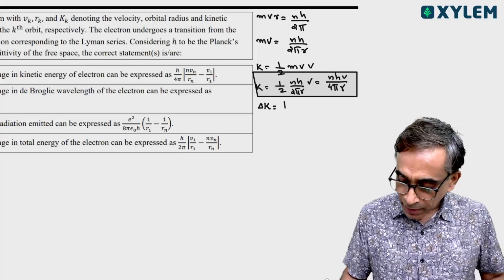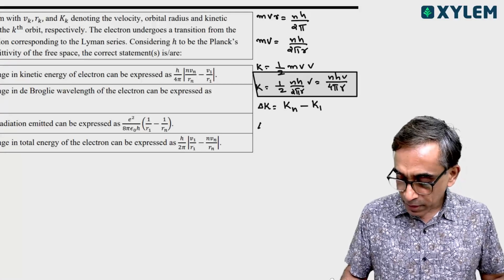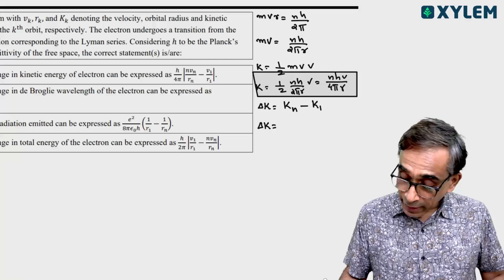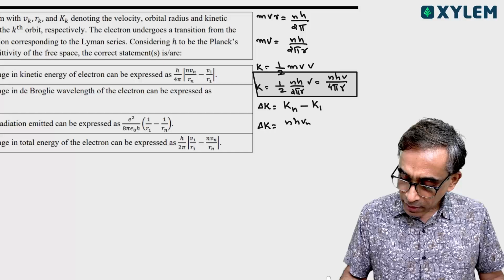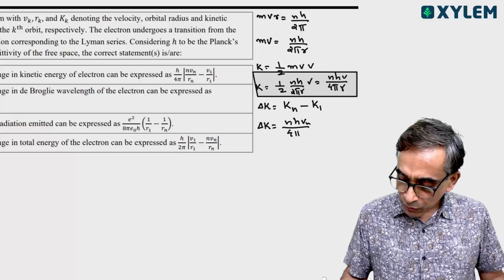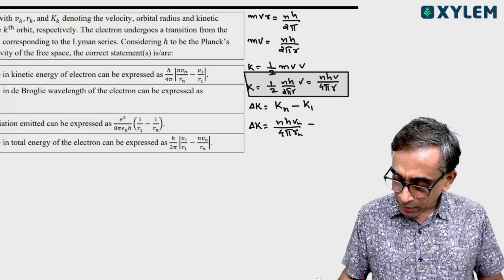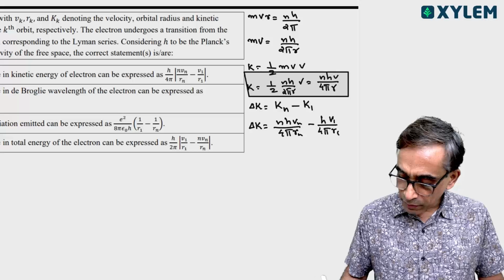So I'm taking k in the nth orbit minus k in the first orbit. So that will give you delta k equal to n h v n divided by 4 pi r n, minus, for the first orbit where n is 1, h v 1 divided by 4 pi r 1.